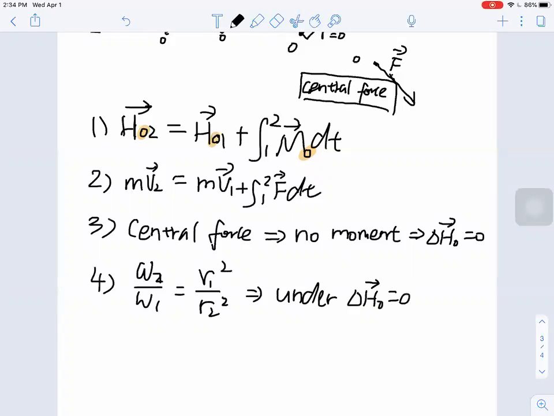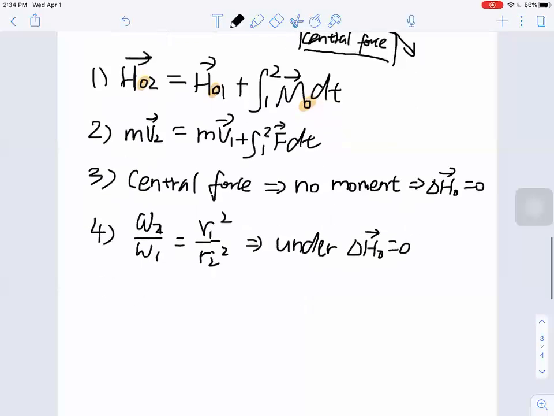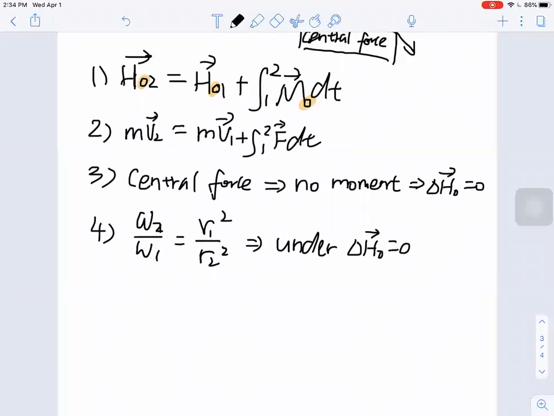Okay. Another very important conclusion from the angular momentum and angular impulse equation is that this equation only tells us the velocity component in the transverse direction.